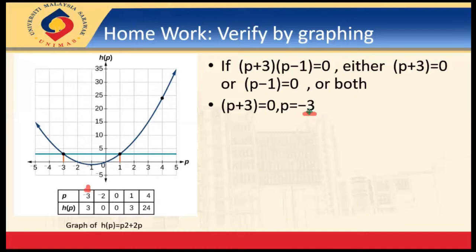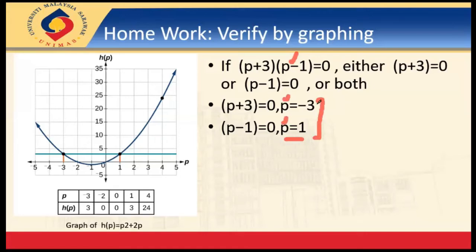And if we assume that p minus 1 equal to 0, then p will be equal to 1. So we get two possible values for the same input. The p is the same input, right?